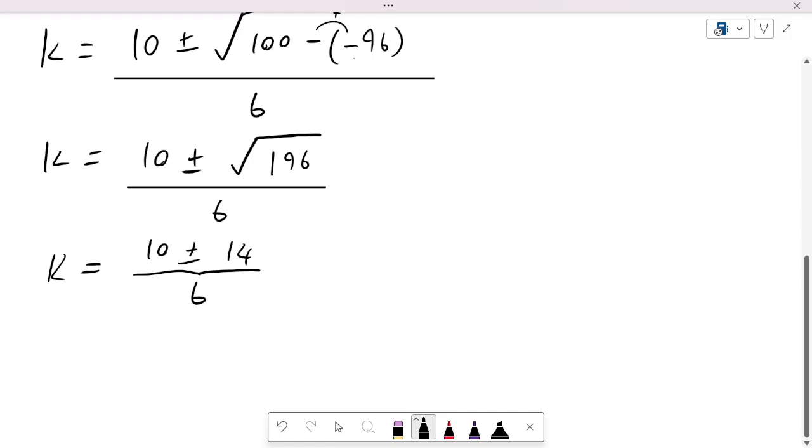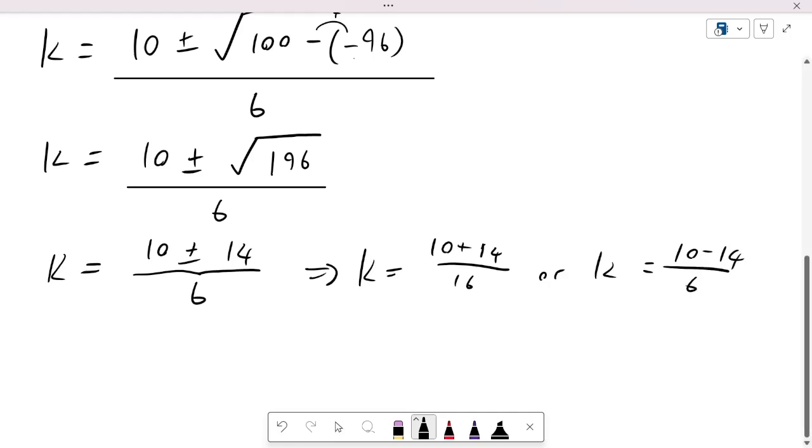And then we can write it like this, where we have k is equal to 10 plus 14 over 6, or k is equal to 10 minus 14 over 6. Did I write 16? I apologize. It's actually 6.